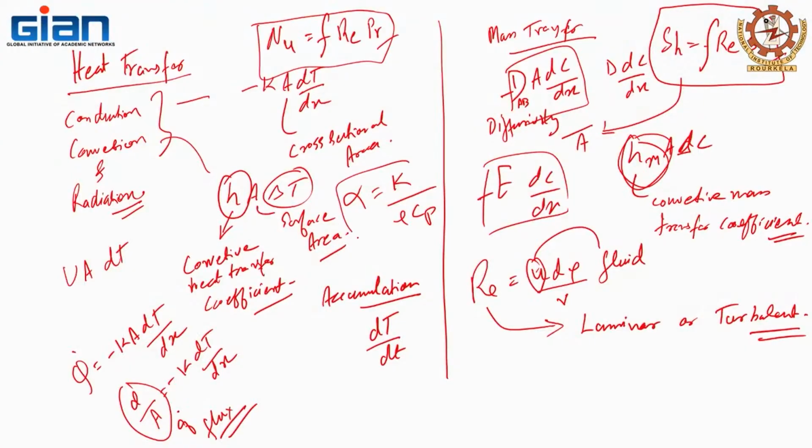Does this alpha have anything to do with Pr, the Prandtl number? You have your phone, you can check. What is the equation for the Prandtl number?